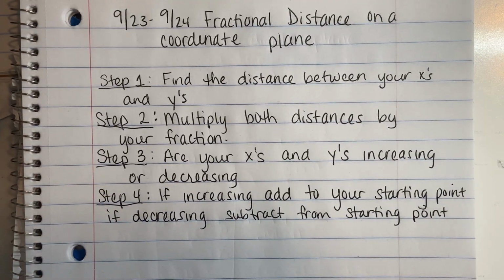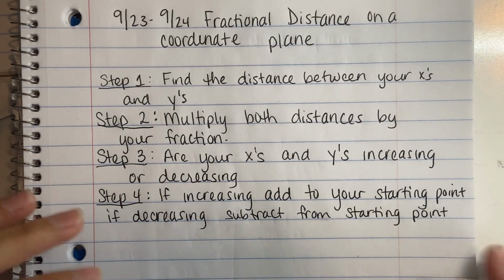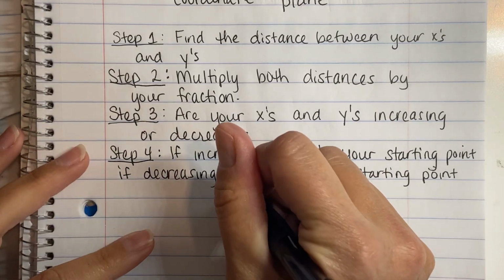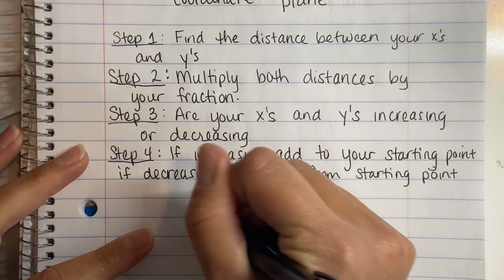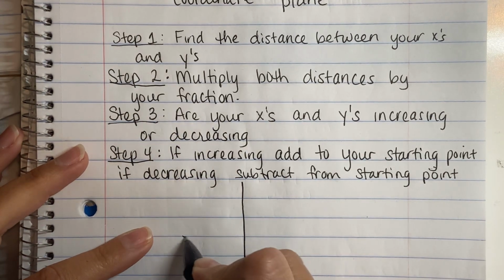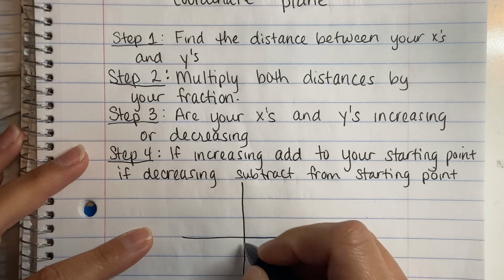All right, so once you have that down, pause it if you need to, and make sure you get those steps down. I'm gonna draw one graph with a bunch of points on it, and we're gonna use that for our examples today. Let's see, I'm gonna go one more.